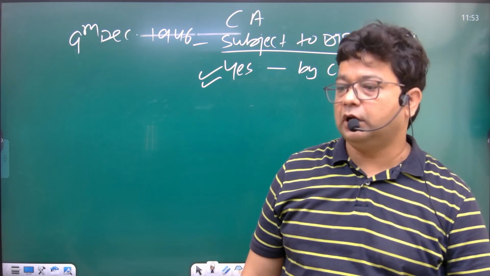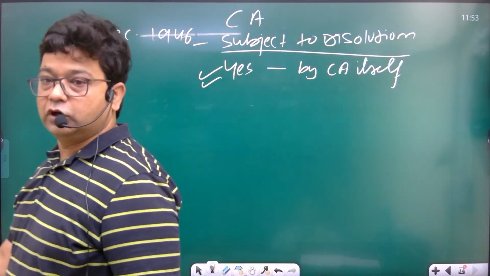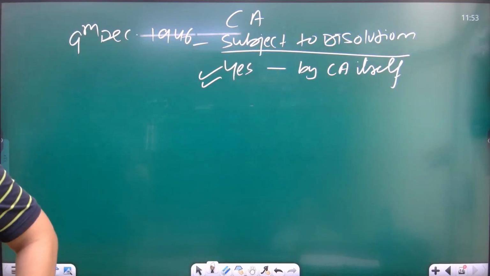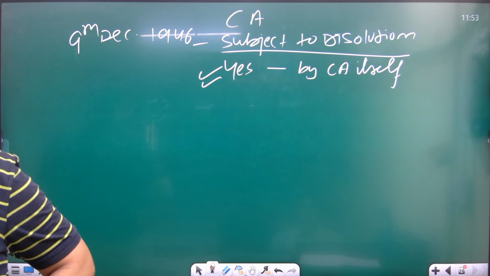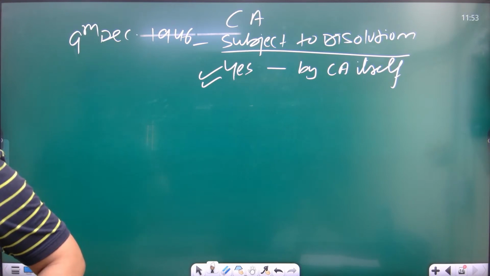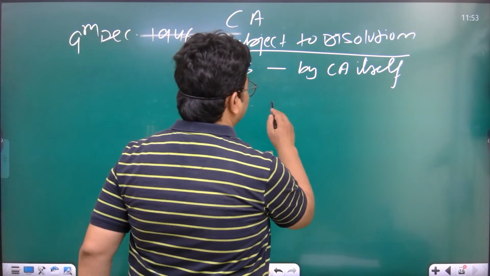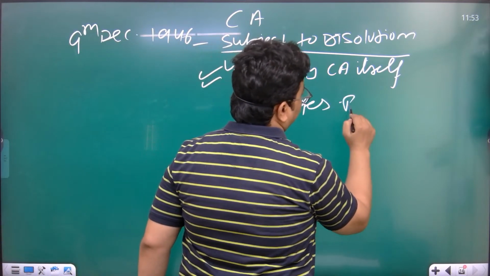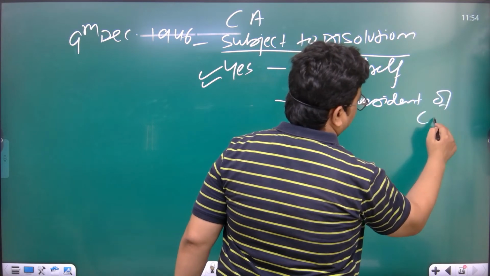Does the Governor General have the power to dissolve the Constituent Assembly? Crown, British Parliament, President of the Constituent Assembly? Yes. So we got another. Yes, by the President of the Constituent Assembly.